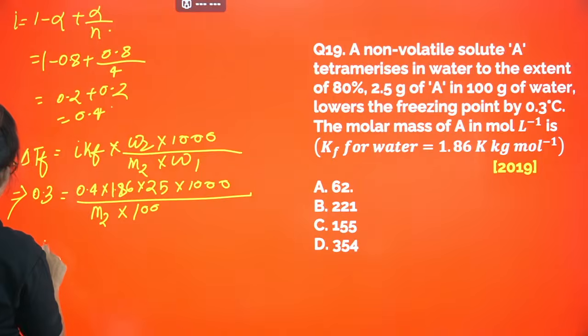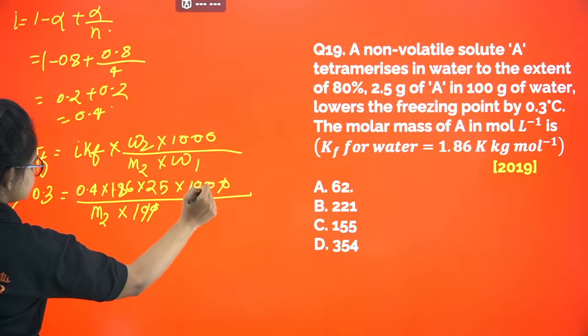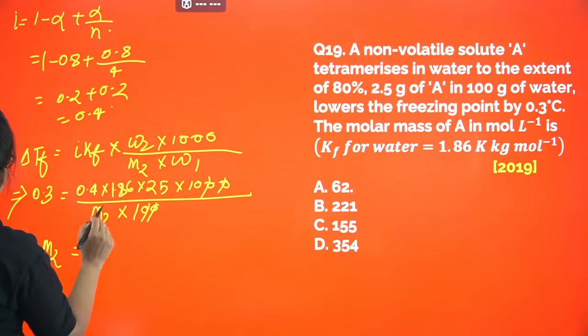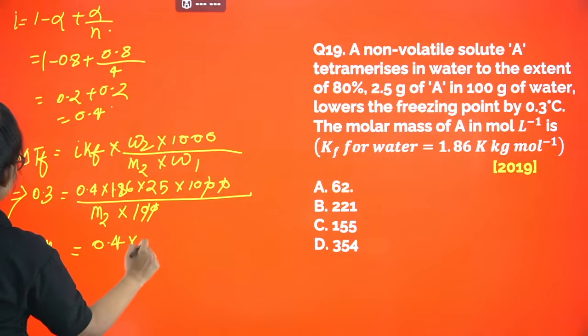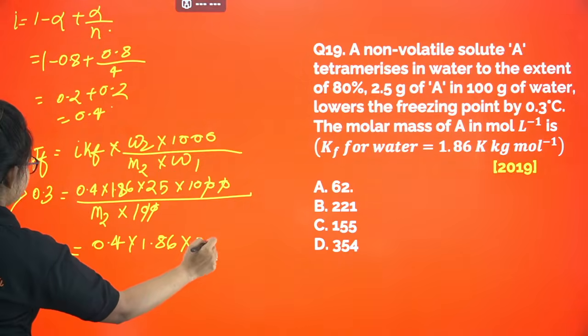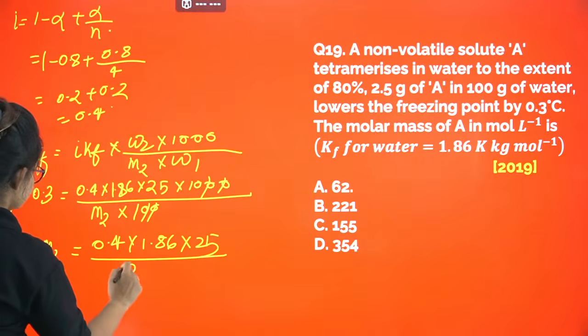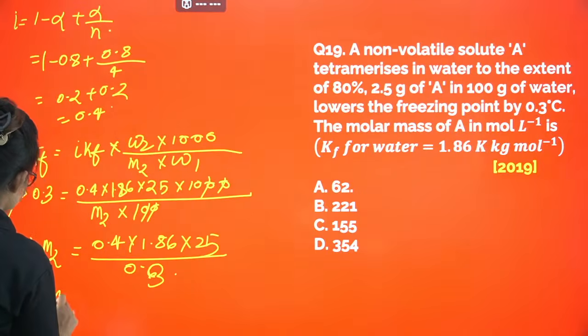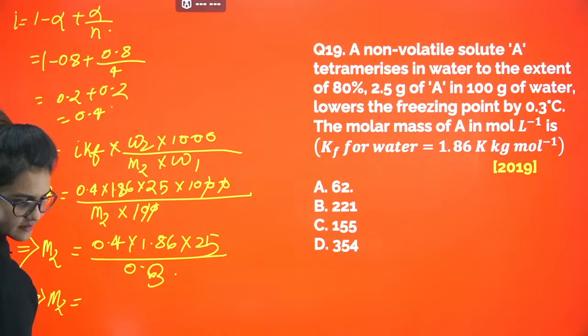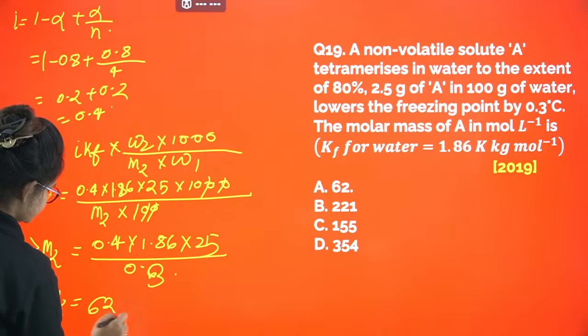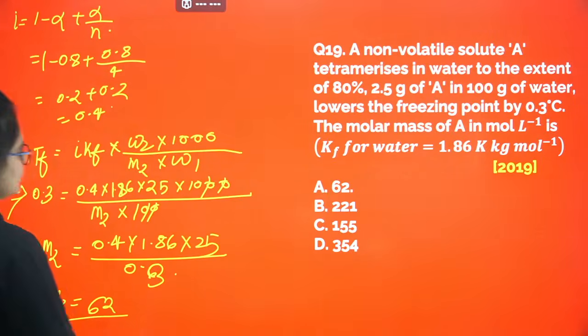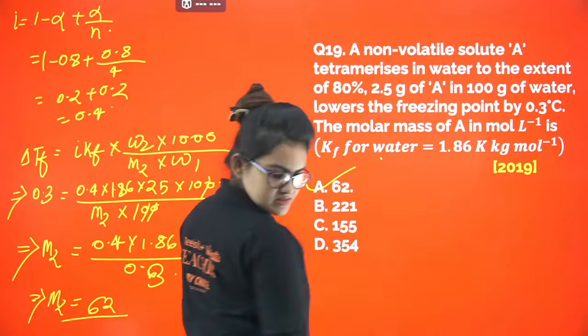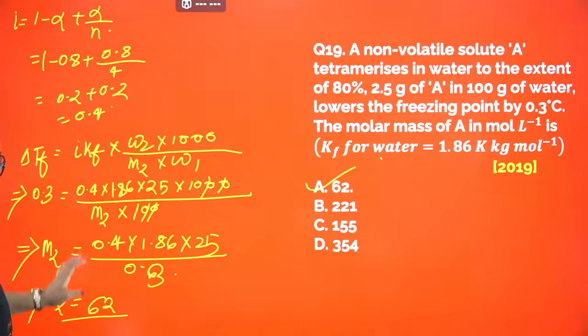If I simplify this, it will be 0.4 into 1.86 into 25 divided by 0.3. So M2 will come up to be 62. Okay, your answer is 62. I guess it's clear to you. Yes, let's proceed further.